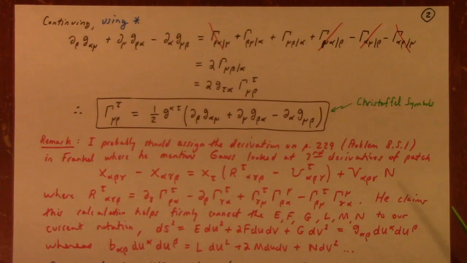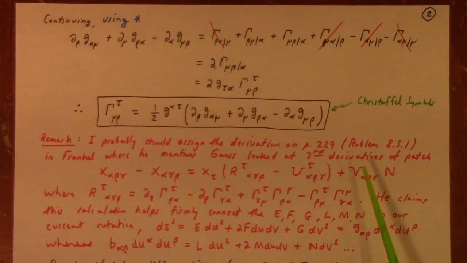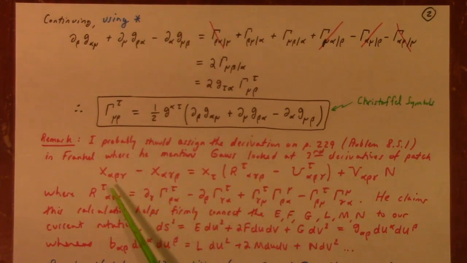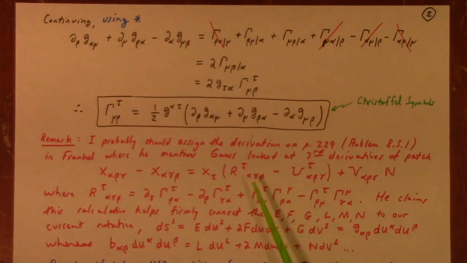And I probably should assign the derivation on page 229, which is problem 8.51 in Frankel. He mentions that Gauss looked at third derivatives of the patch, like this, and showed that their difference could be written as the contraction of a fourth order tensor, this tensor, R tau alpha beta gamma, minus this other thing over here and that over there, where the R is defined in terms of the coefficients like that.